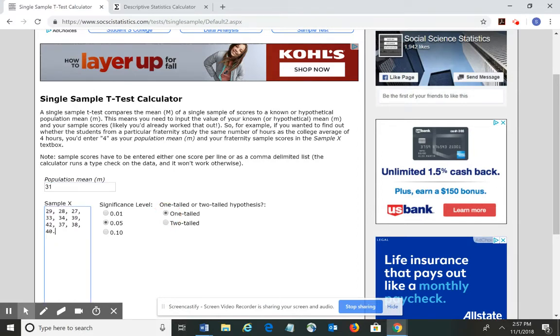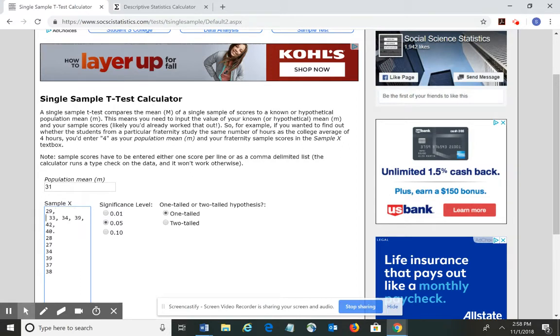And then we have to put in our sample data. Now, we have to enter the data going down, so I have it listed in an improper way. Let me see if I can finagle it here a little bit. It's taking me just a minute, so hang on.